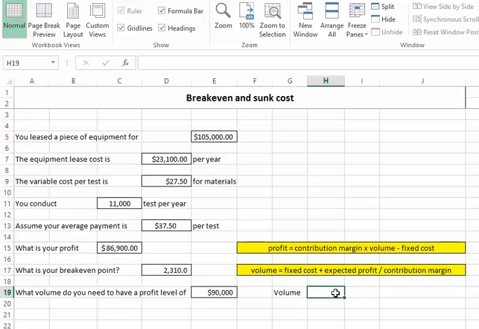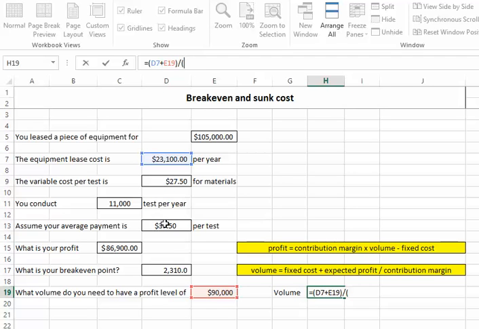The next question is, what volume do we need to have a profit level of $90,000? So again, we're using the same volume calculation, but we're also including the expected profit. So in row 19, column H, we are typing in our calculation, start off with the equal sign, and in this case what we're looking for is our annual lease cost plus the expected profit, closing the parenthesis, and then we are dividing this by our contribution margin.